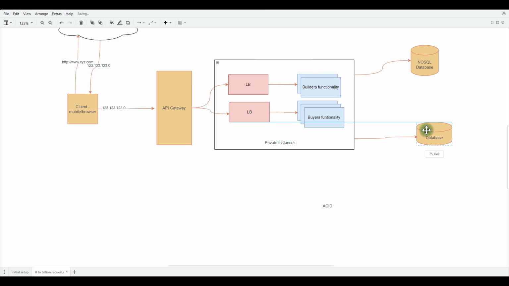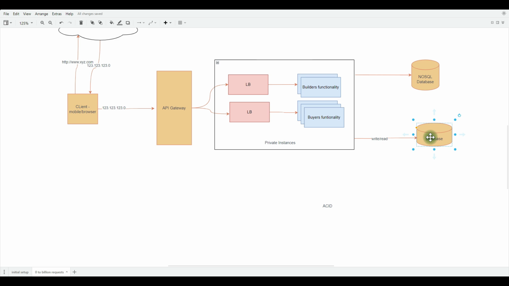Reduce this a bit as well. So now I talk about the operations, write and read operations. So let's focus on this one first, RDBMS. Whatever functionality is coming for the write and read, this single database is taking care of that.